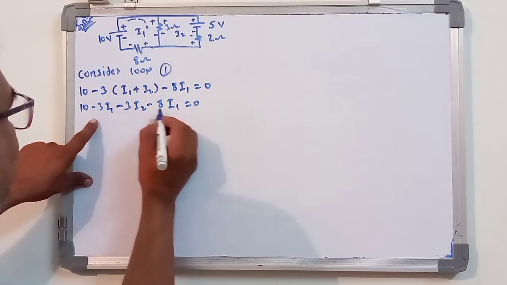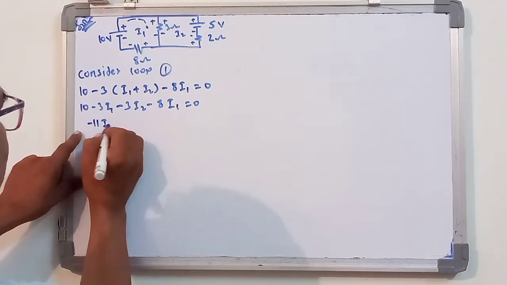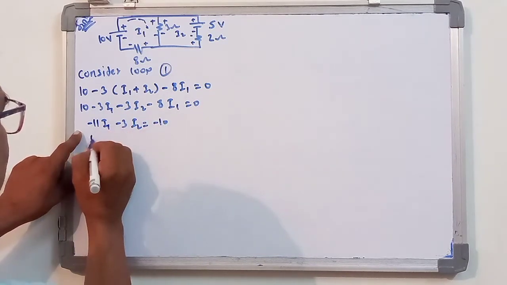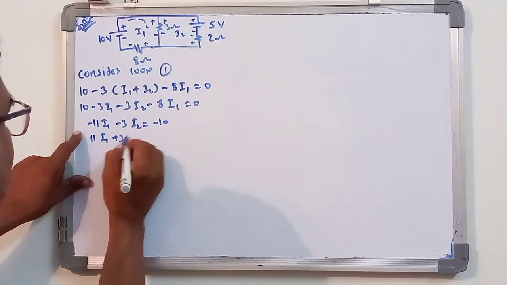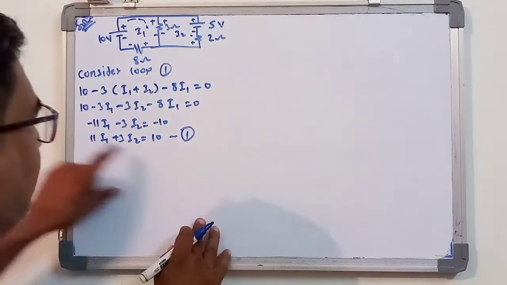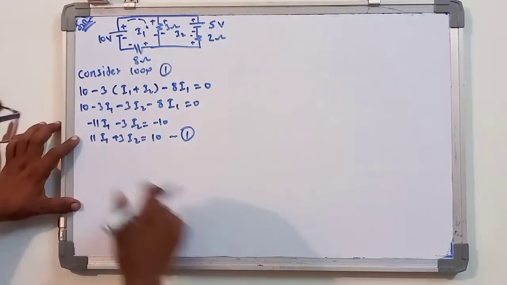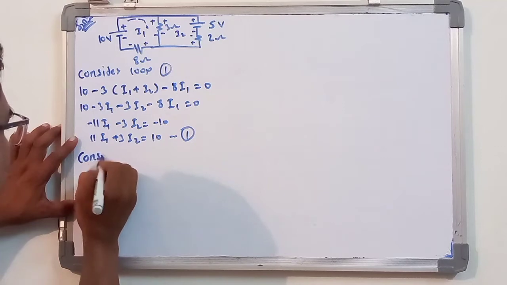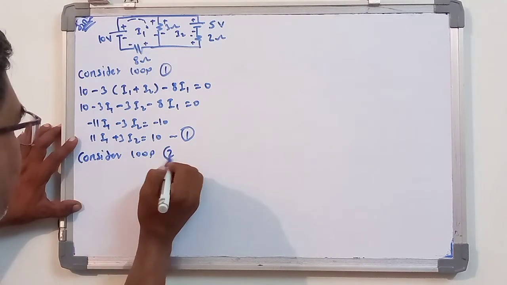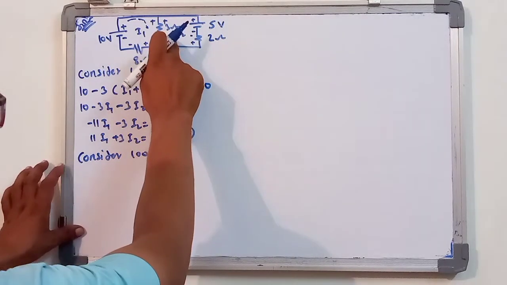This 3 and this 8 means minus 11I1 minus 3I2 plus 10, so 11I1 plus 3I2 is equal to 10. It is equation number 1. Okay, you have got equation number 1 like this. Then consider loop number 2. This is the loop which you have to consider.